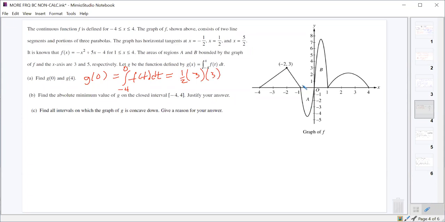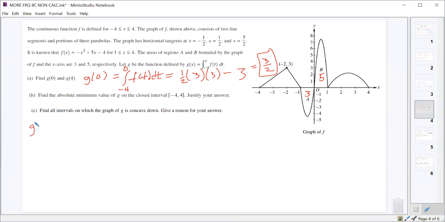And the region A they give us is 3. Now, if I'm right, the one for B is 5. Since the region for A is below the x-axis, we'll subtract. So we got 9/2 minus 3, which is 3/2. Good or no? Great. Wonderful. All right.